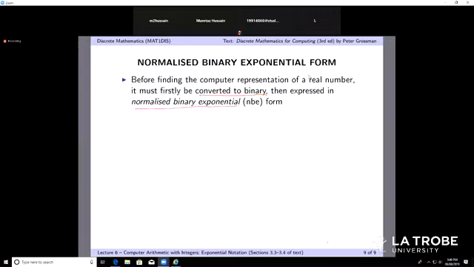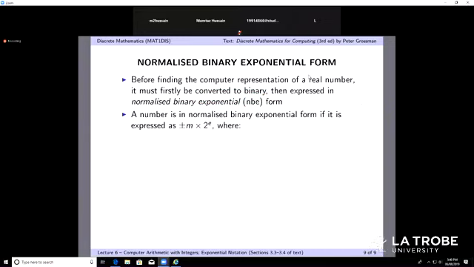That is the significand value, m, times 2 to the power of whatever exponent you're getting. Let's say e, the exponent, or some number a, it doesn't matter. A number is in normalized binary exponential form if it is expressed in this way, where m, the significand, is between 0.1 and 1.